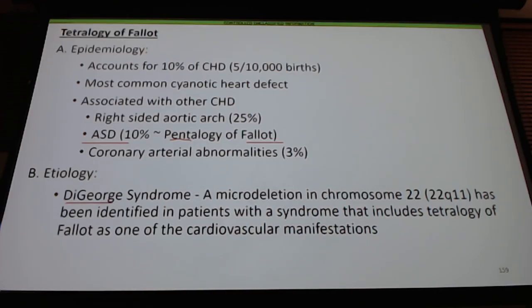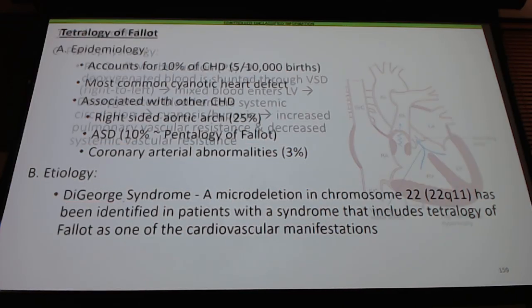And tetralogy, from a genetic standpoint, is associated with DiGeorge syndrome, which is that microdeletion in chromosome 22. So if you see somebody with DiGeorge, be concerned that they could also have tetralogy of Fallot.